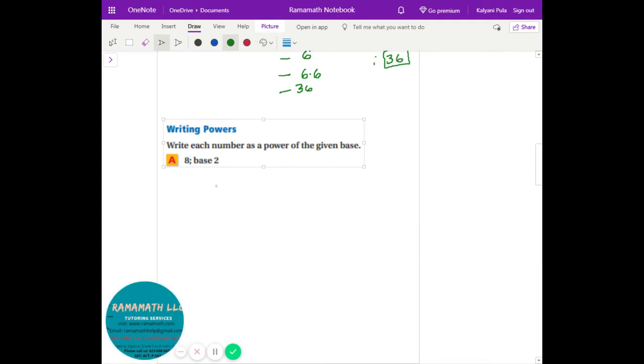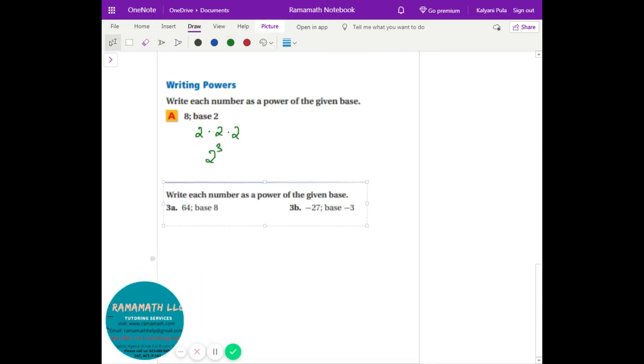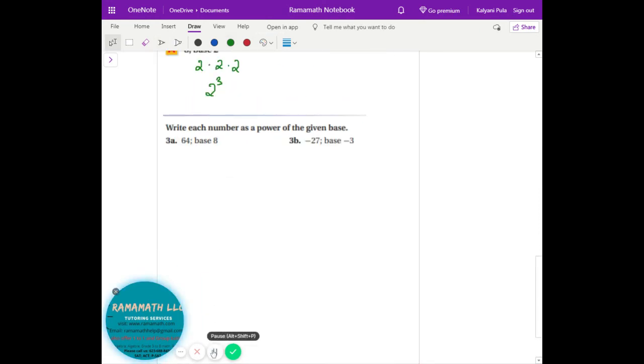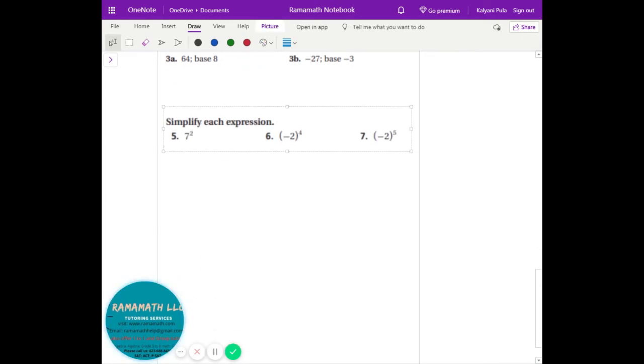For example, 8 we can write as 2 times 2 times 2, which is 2 to the third exponent. Good work. Let's write these questions now. 3 is 3. That's right. 3b is positive 3. This is the third exponent. Good job. All right, next one. Simplify each expression.